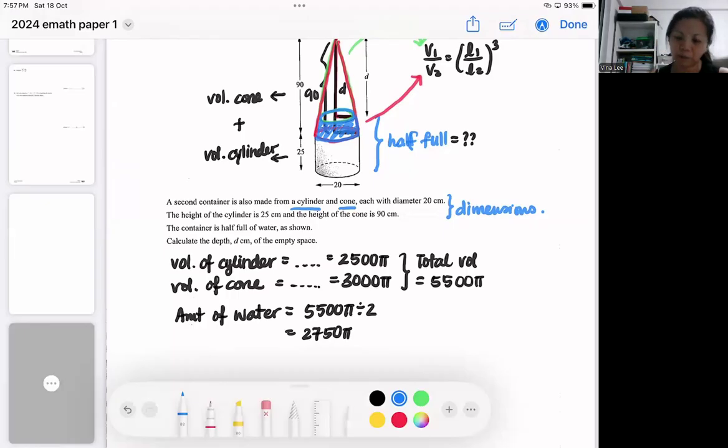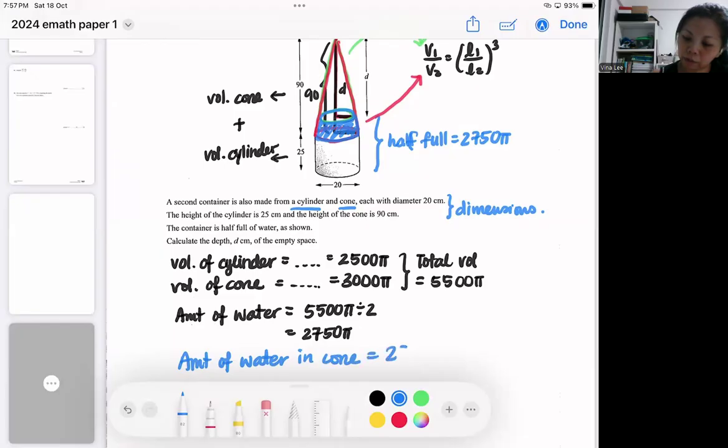I think it's the other way around. So the amount of water here is 2750 pi. If I want to find out what is the amount of water in the cone, then I should minus away the cylinder.